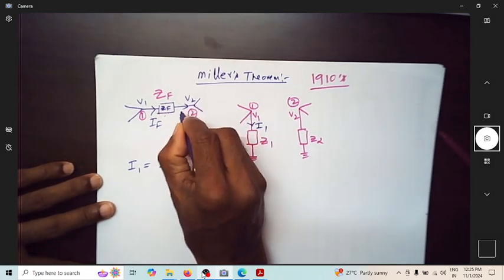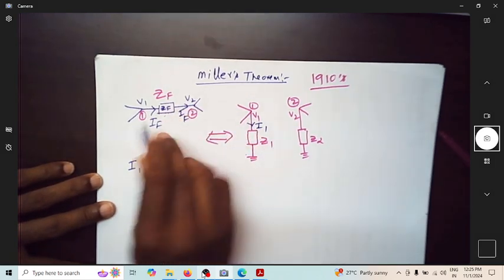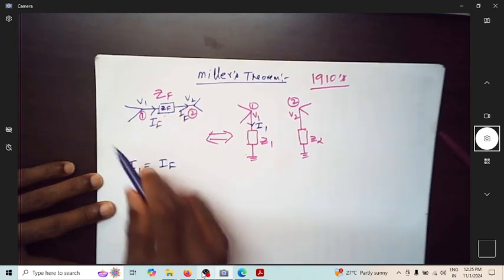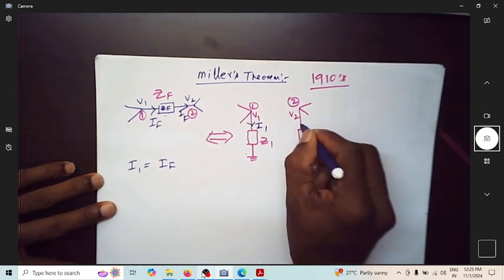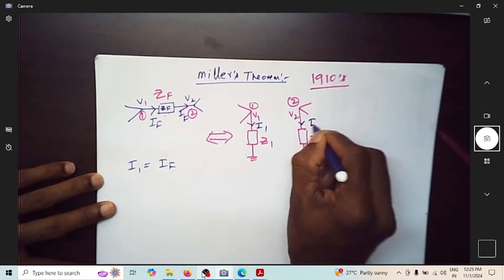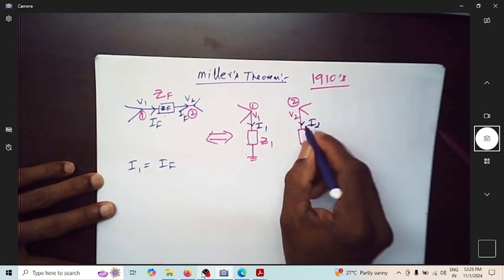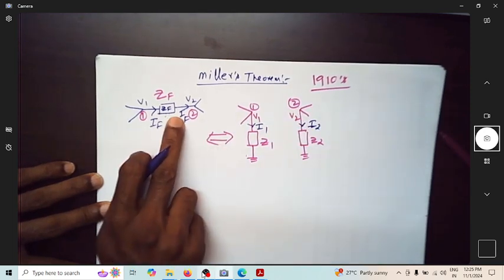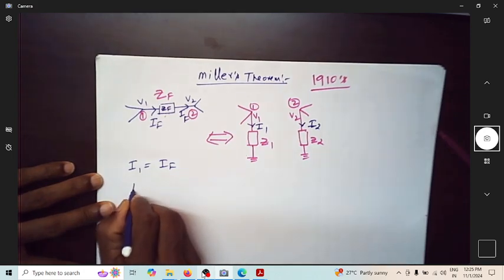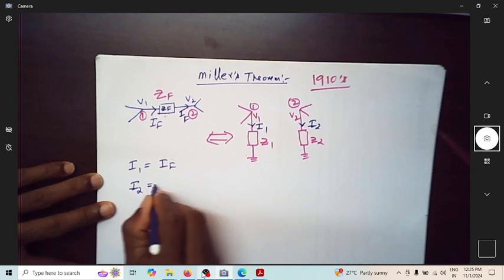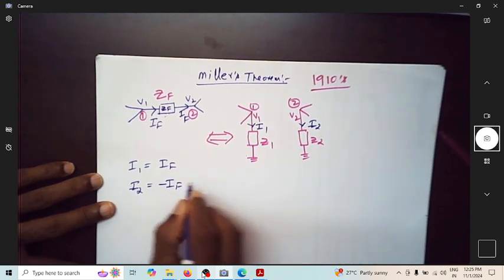And the same IF is entering the node V2, and we are considering a node here. So let me take it as I2. Now if this I2 is in the opposite direction, suppose I2 is equal to minus IF, because they're in the opposite direction.